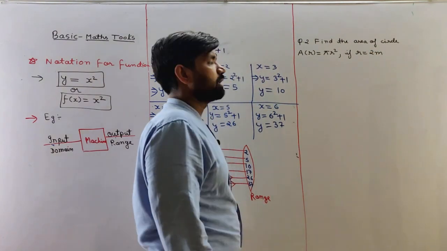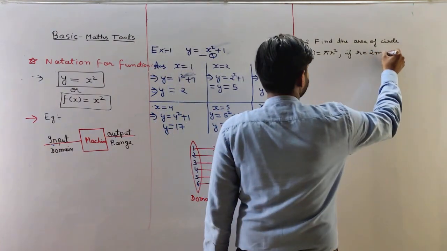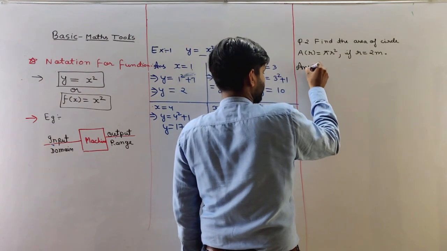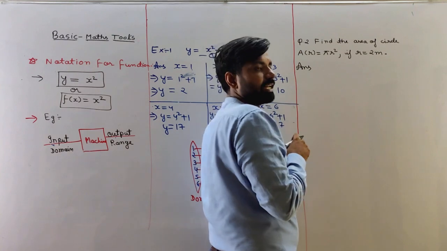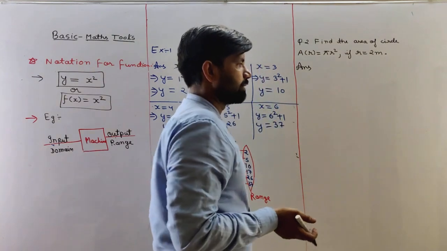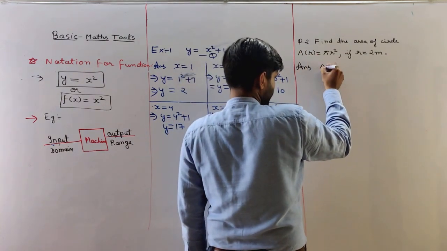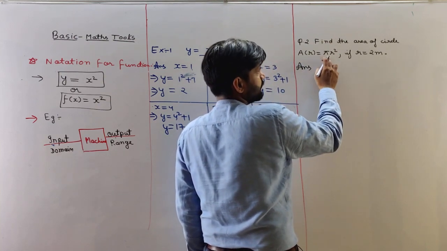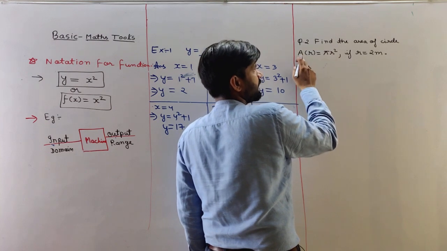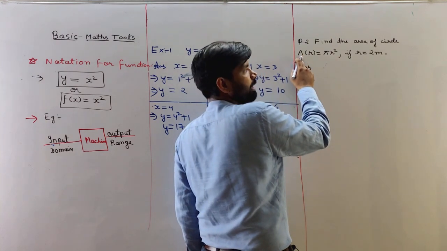So simple calculation. First we have to find out which is the independent variable and which is the dependent variable. So when we put a value of r in this equation, A is equal to pi r square, then we will get a value of A.